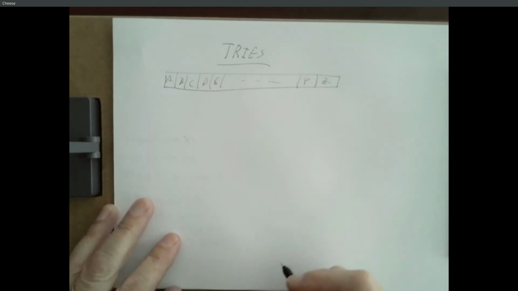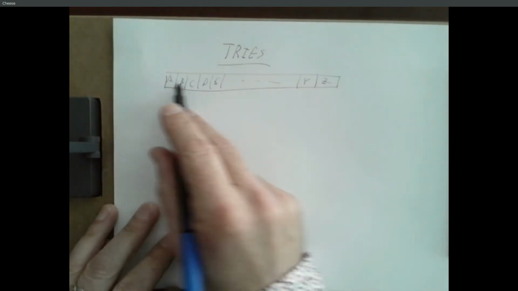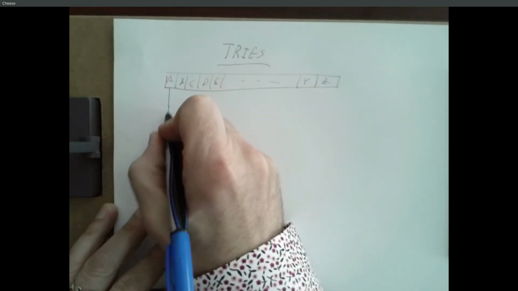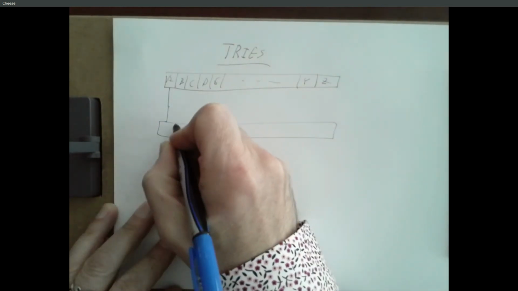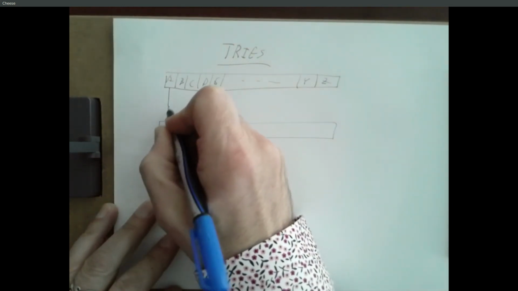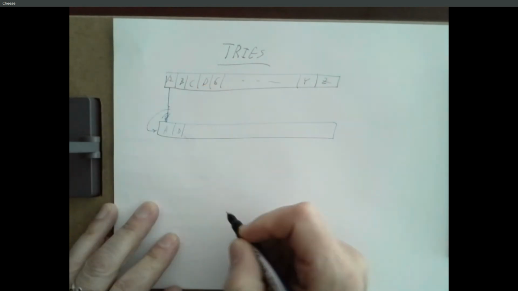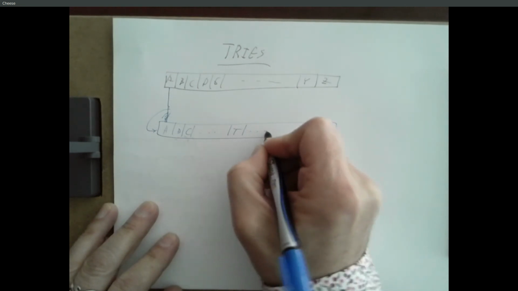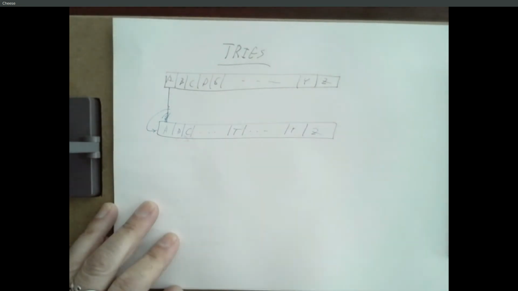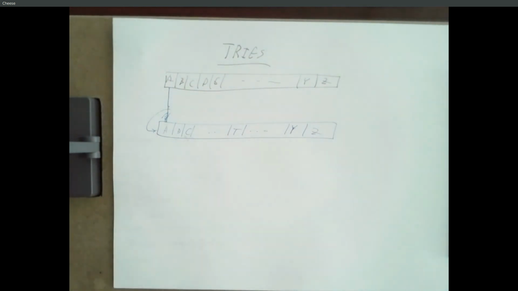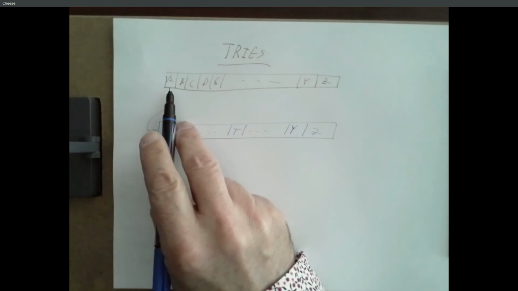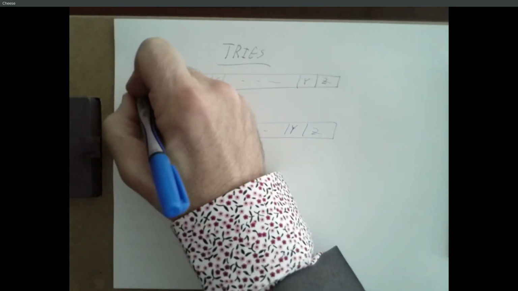So let's store the word AT. All of these things are pointing to null except the letter A. The letter A points down to another one of these structures. Let me point to the beginning of it so you don't think it's pointing to A. So the node corresponding to A, this is our root.